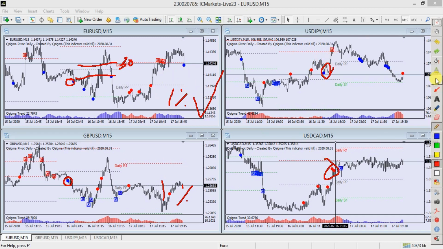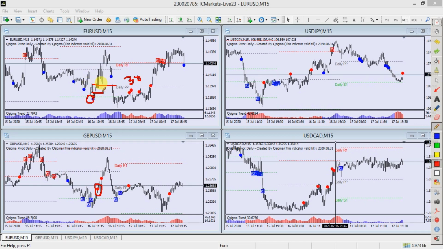You might be thinking, what will happen if you have selected just 2 pairs? Even if you have selected 2 pairs, you enter into this trade and you enter into this trade as well. Let's say you break even the trade here, as an example, here to here it is 30 pips, and you break even the trade somewhere here, and you can enter into this trade as well, as you are risk free.